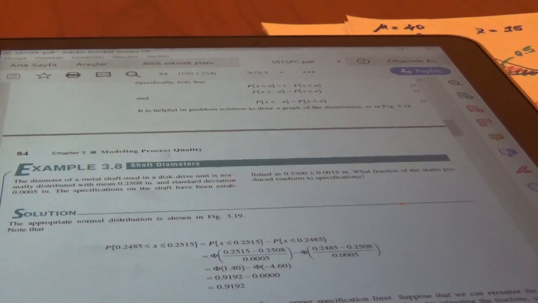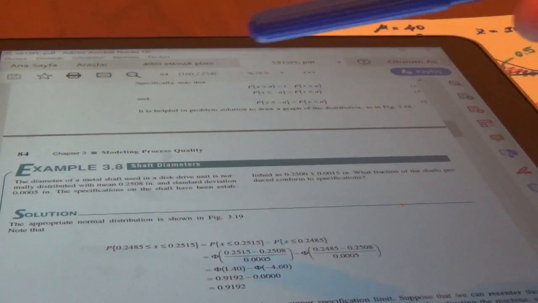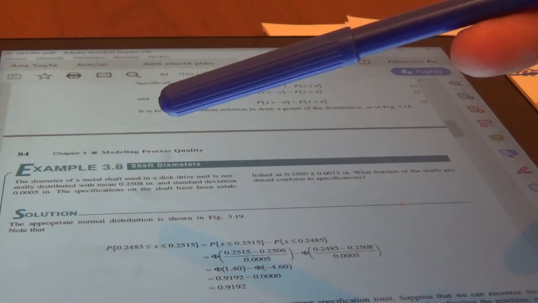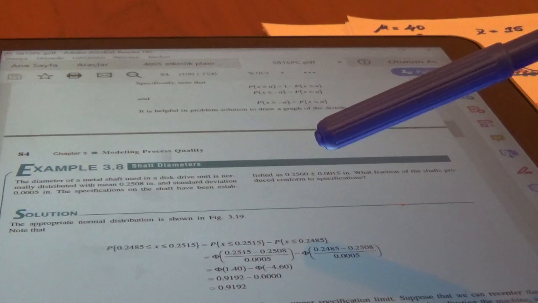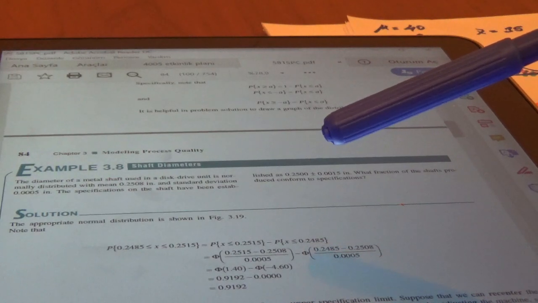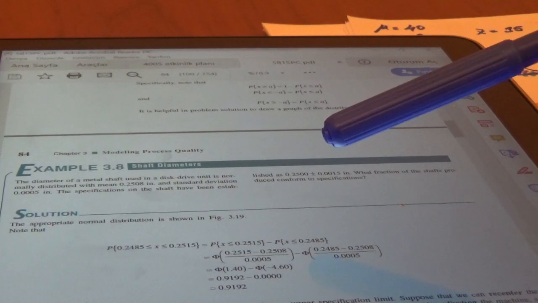Okay, let's look at example 3.8. The diameter of a metal shaft used in a disk drive unit is normally distributed with mean 0.2508 inch and standard deviation 0.0005 inch.